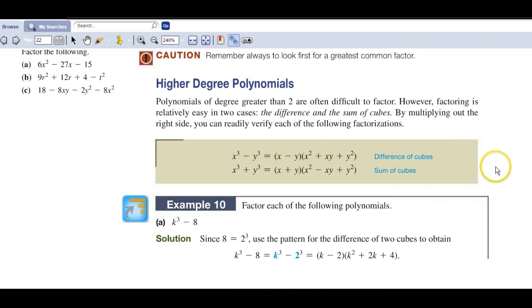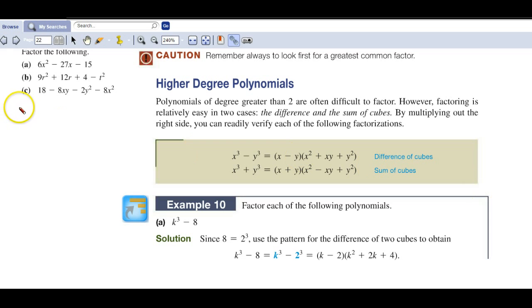Now, one of my videos actually deals with this, which is the factoring of the difference of perfect cubes and the sum of perfect cubes. And it's had like 5,000 hits, so that one is popular. But I'm going to give it to you live right now.